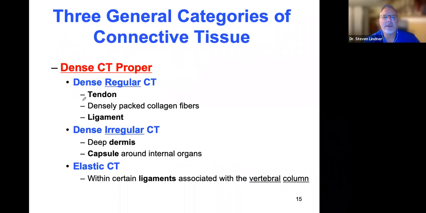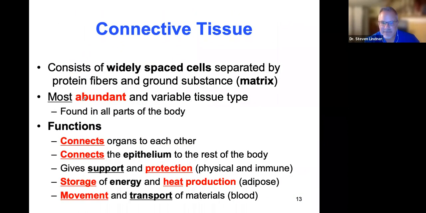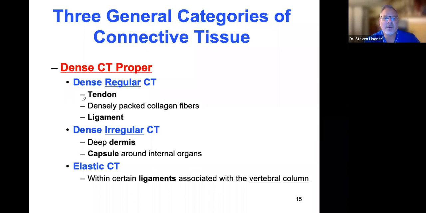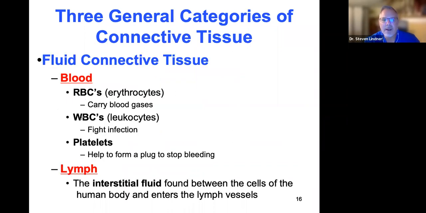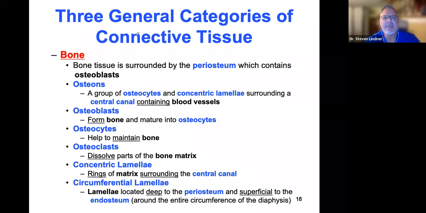Now, we're going to be covering different types of connective tissue, and we're going to focus on blood, so we understand what different blood cells look like. And then we're going to focus on bone, the bone cell. So you're going to hear some of these terms like osteon and osteoblast and osteocyte and osteoclast.